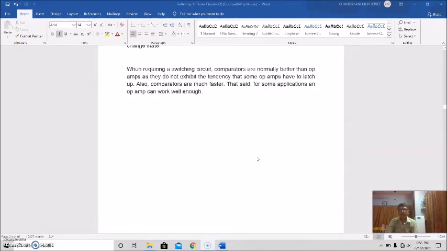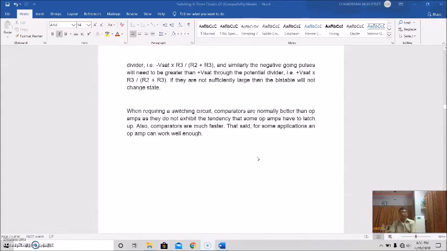Okay, so with this we conclude our discussion on multivibrators using op-amp.